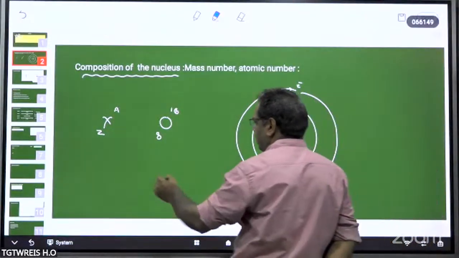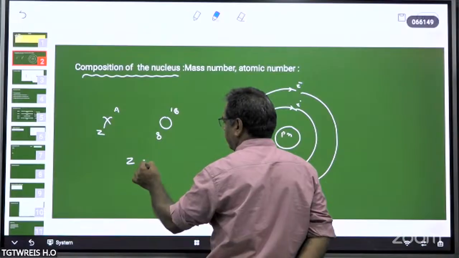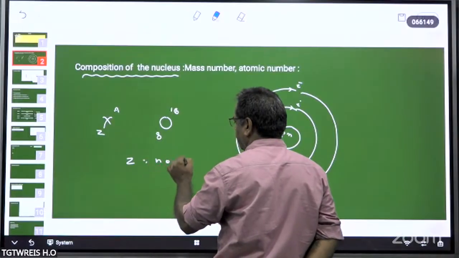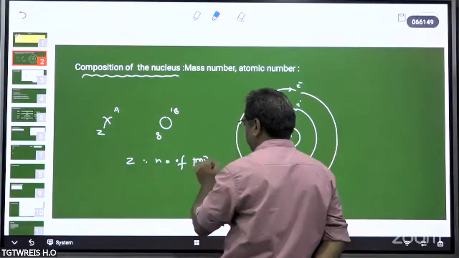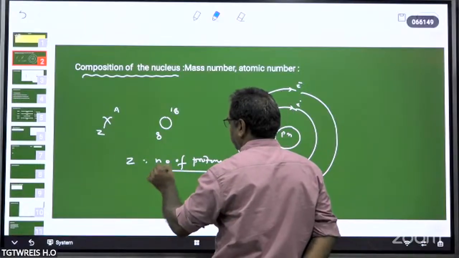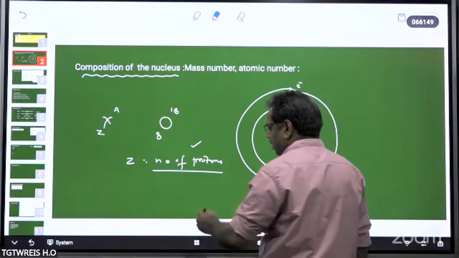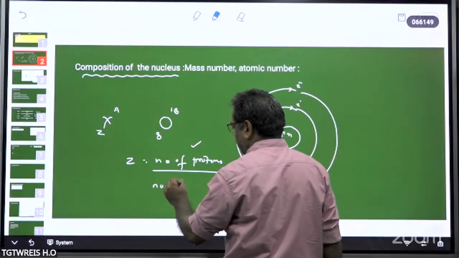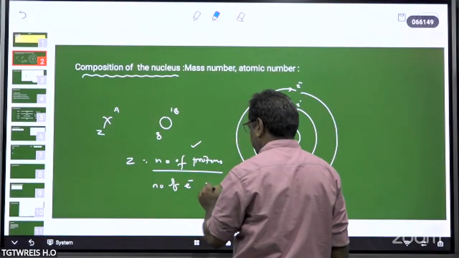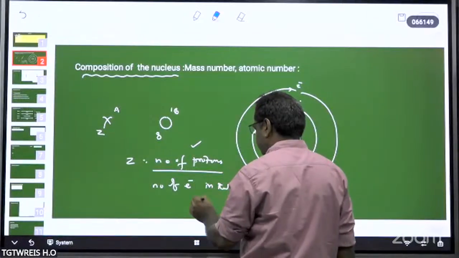Here the atomic number Z is nothing but the number of protons present in the nucleus of the given element, or the number of electrons in that neutral atom.